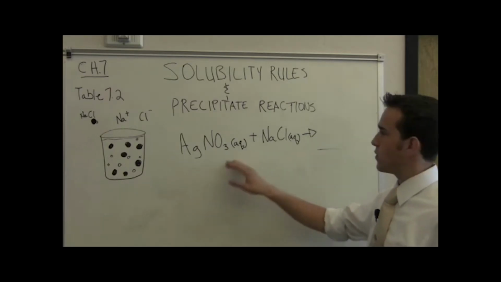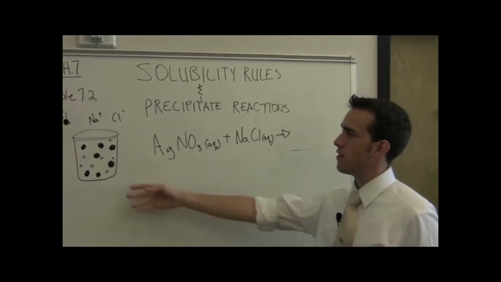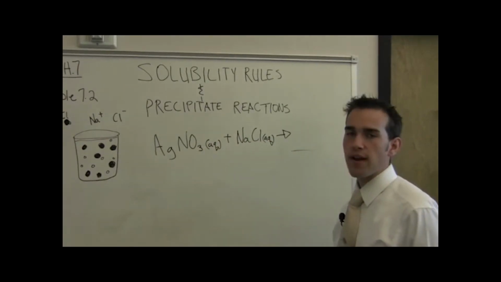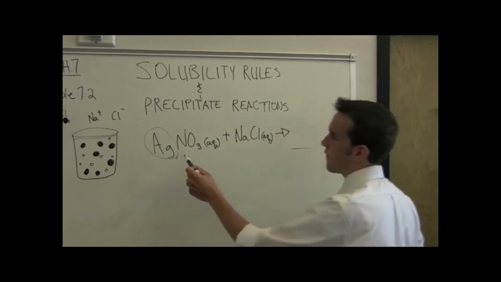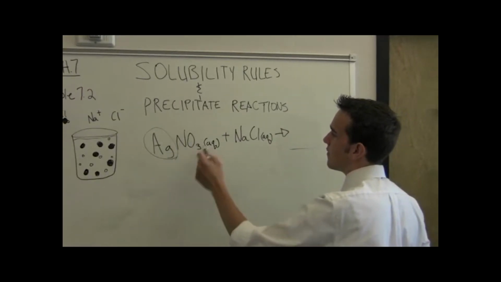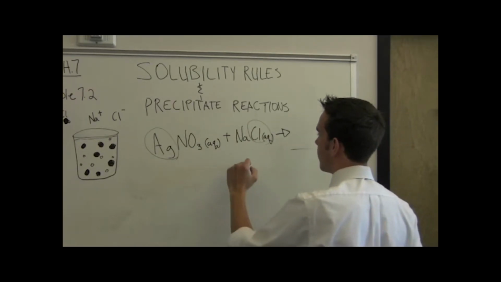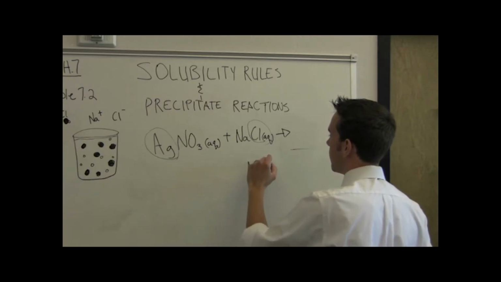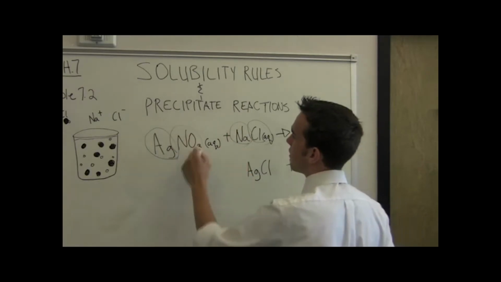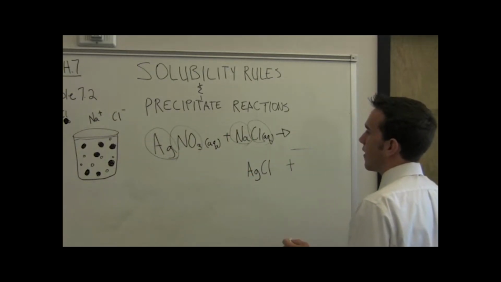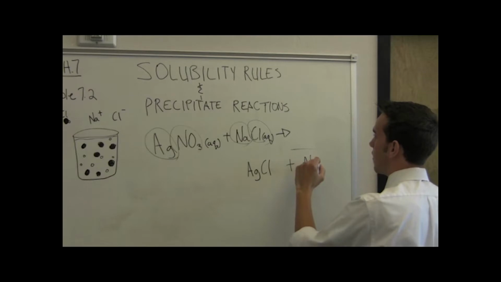Based on the solubility rules, we'd know that these are both soluble, and in solution they're both broken down into separate ions. To come up with the products, we'll take the metal of this compound and trade it with the nonmetal of this compound. So we'll have AgCl. That will leave us with the metal of the second compound and the polyatomic ion of the first compound, and that'll give us NaNO3.